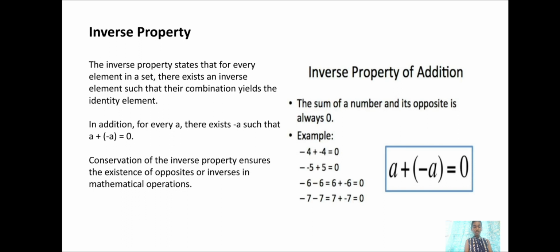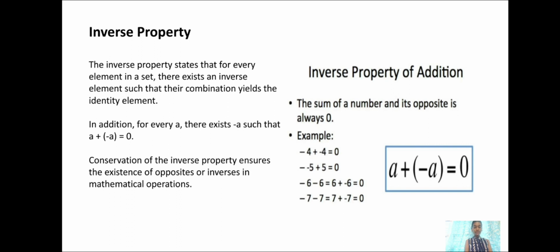The inverse property ensures the existence of opposites or inverses of mathematical operations. In the inverse property of addition, the sum of a number and its opposite is always 0. For example, plus 4 plus minus 4 is equal to 0, and minus 5 plus 5 is equal to 0.